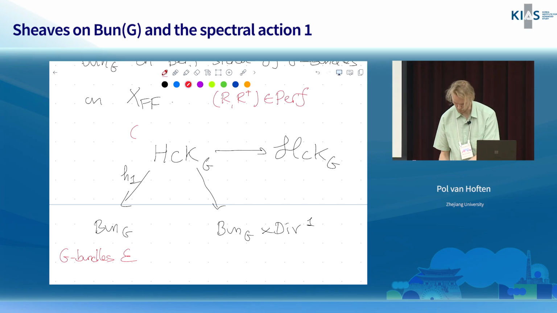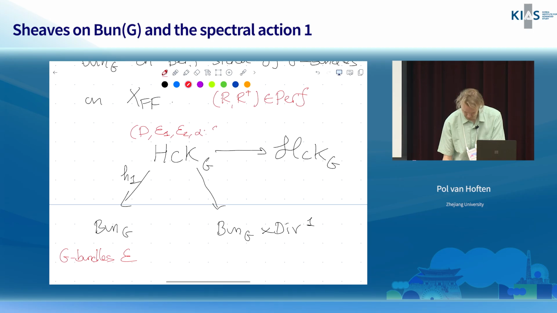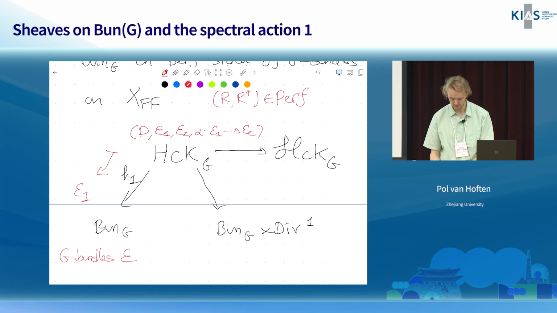I'm over Div^1, so I need to have a Cartier divisor D, and then I have my E1 and my E2 and my alpha from this modification. And H1 just forgets everything except for E1. And here I'm just remembering D and E2.